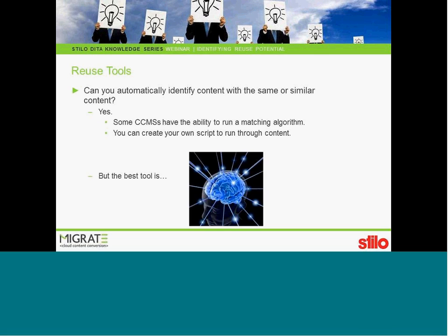You can also do the same thing. You can create your own script that runs through the content and finds matches, and if it matches 90% or more, you should reuse it. That can be useful, but in the end, the best tool is actually going to be your brain, because as you walk through and learn these mechanisms, you start to realize that there's potential for reuse pretty much everywhere, all over the place. And a matching algorithm on words isn't going to find it all.